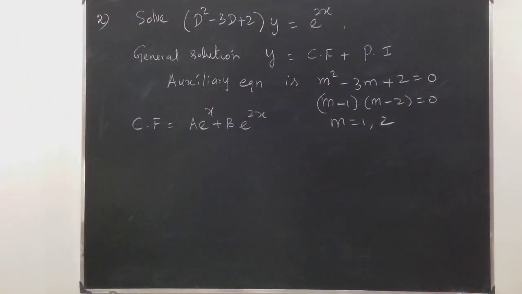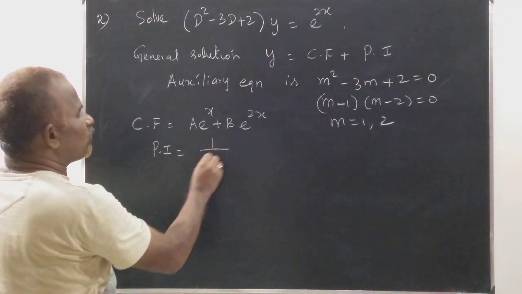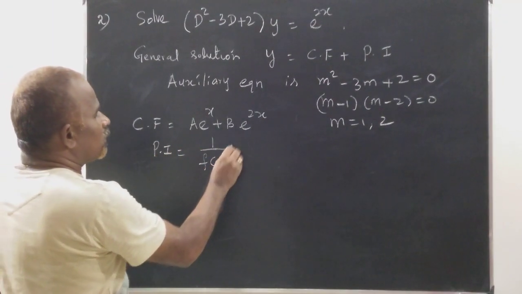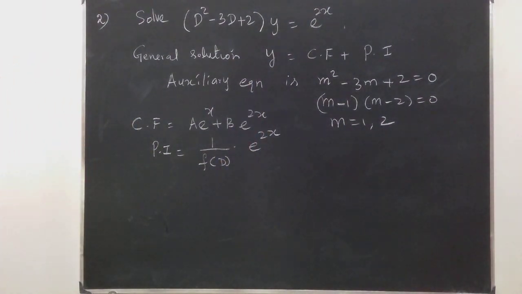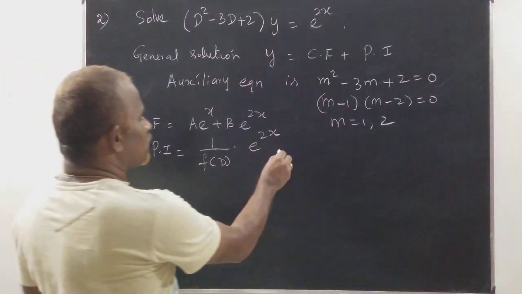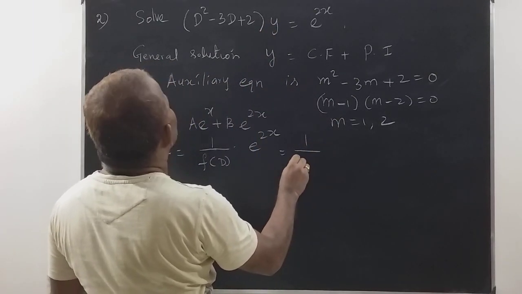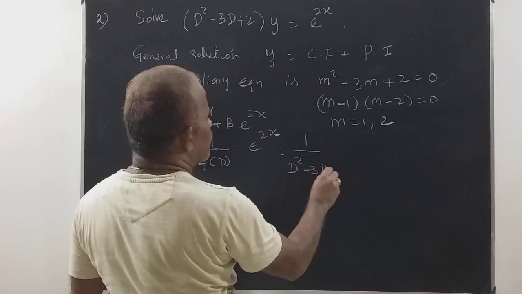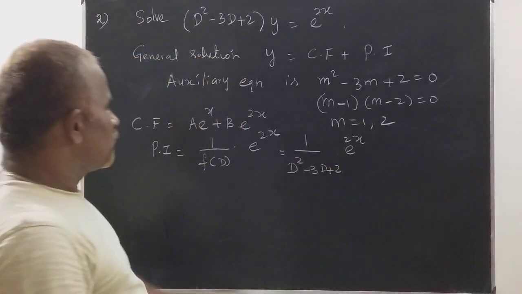The particular integral is equal to 1 by f of D into f of x, e power 2x. Okay. So this is equal to 1 by D square minus 3D plus 2 into e power 2x.